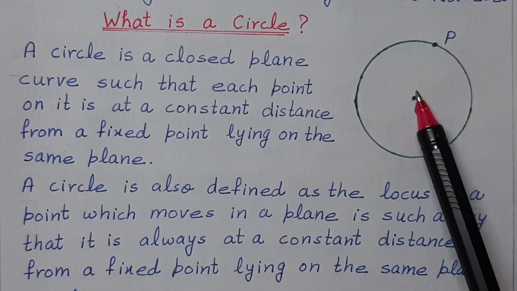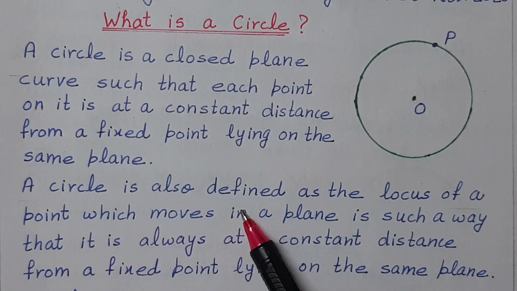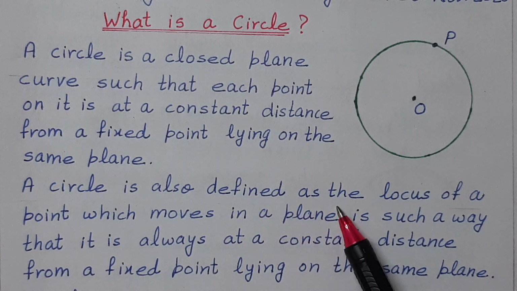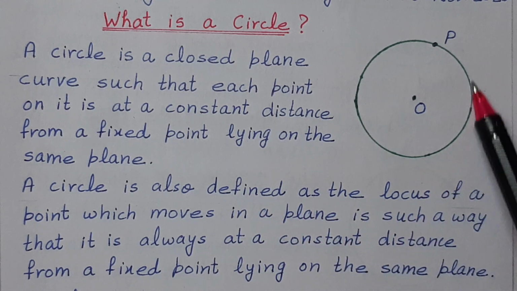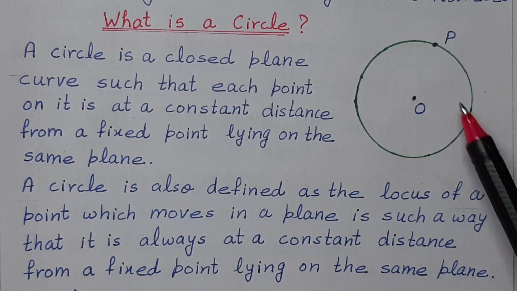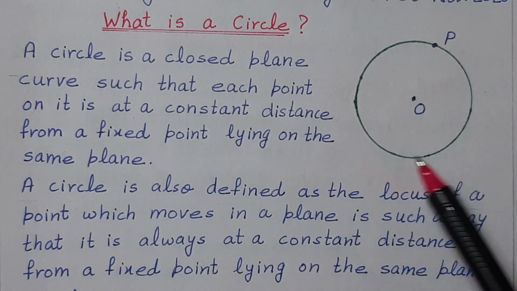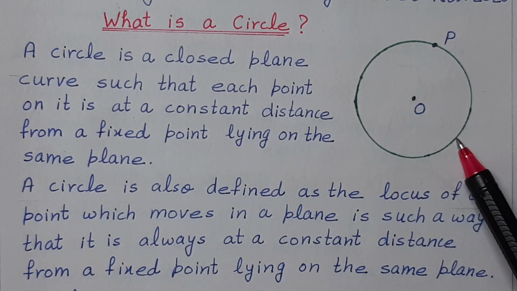That is the center of the circle. A circle is also defined as the locus of a point which moves in a plane such that it is always at a constant distance from the fixed point lying on the same plane. Clear?